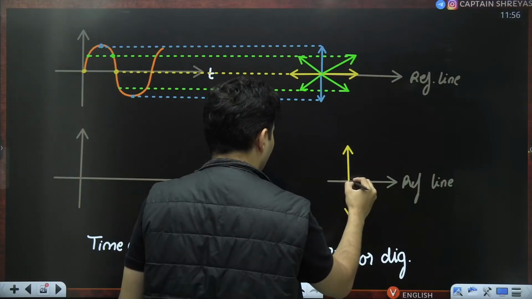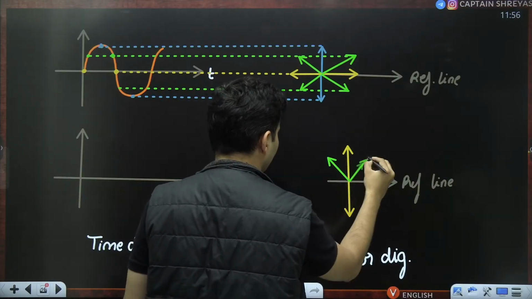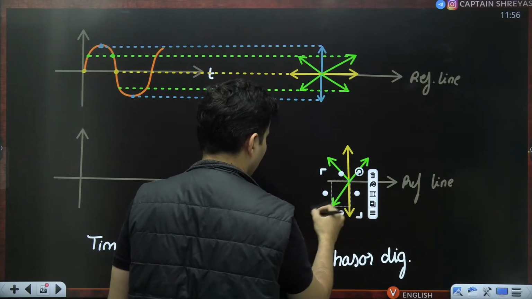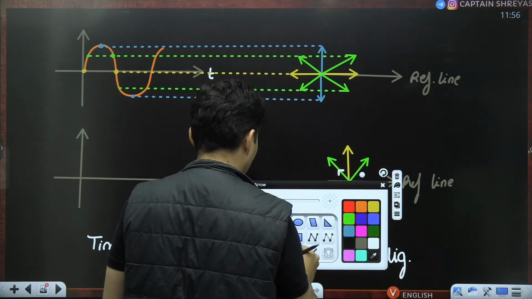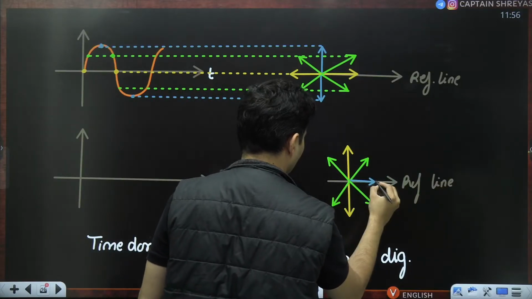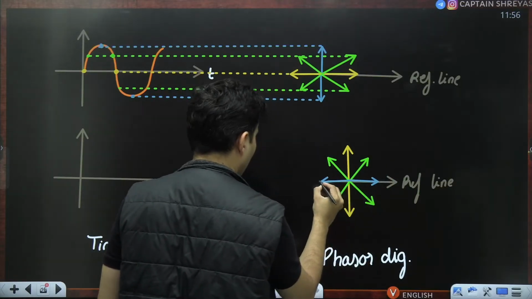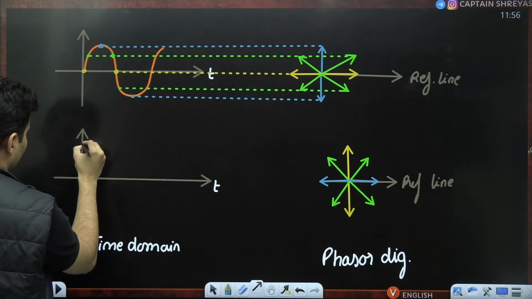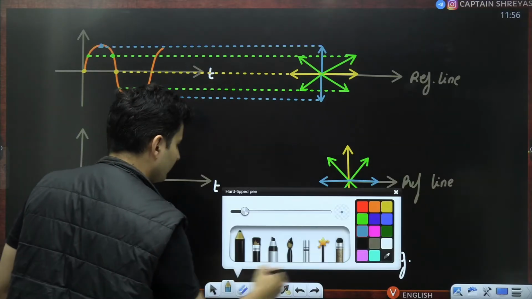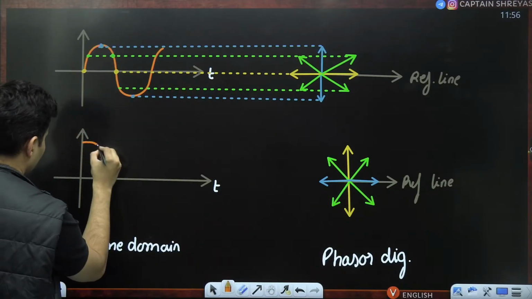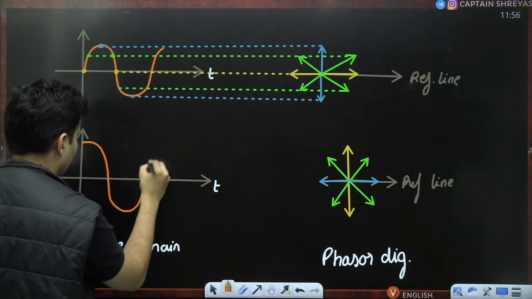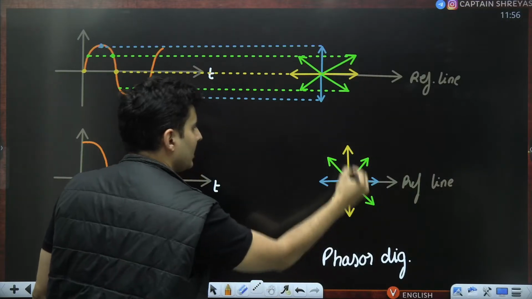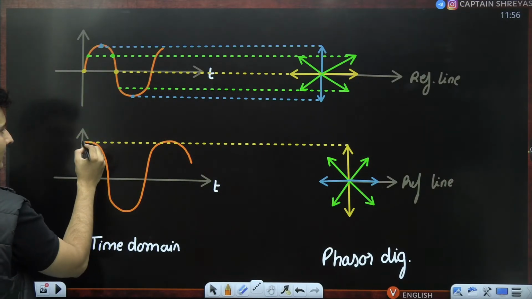After some time, let's say here, like this, and the graph that I will draw, like this. So initially, the yellow line, you can see I was here.